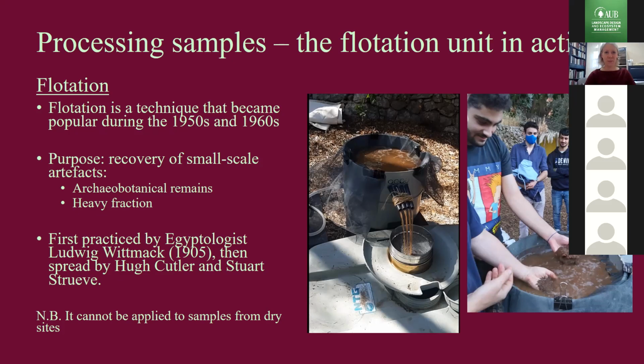We should note that this technique cannot be applied to samples from dry sites, because desiccated seeds and desiccated archaeobotanical remains get destroyed when they come into contact with water.